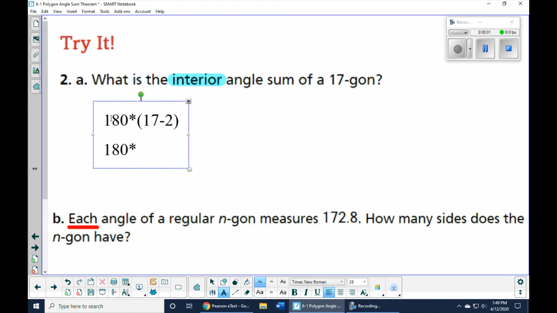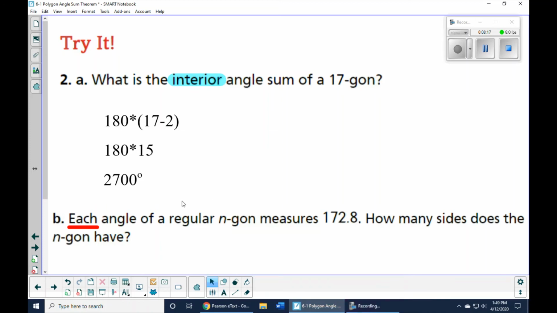So that's like doing 180 times 15, which is going to come out to 2,700 degrees. That is a pretty hot oven right there. 2,700 degrees.